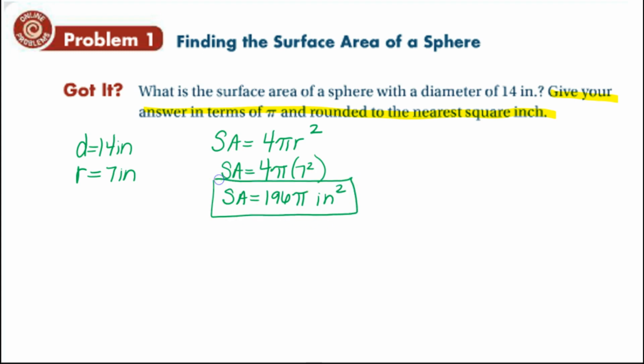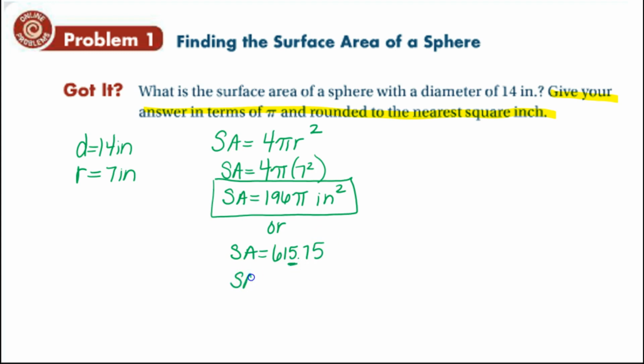They asked for it in terms of pi, and they also asked me to round, so my surface area is going to equal, if I take 196 times pi, 615.75, and they asked me to round to the nearest square inch, so I'm rounding to that 5.